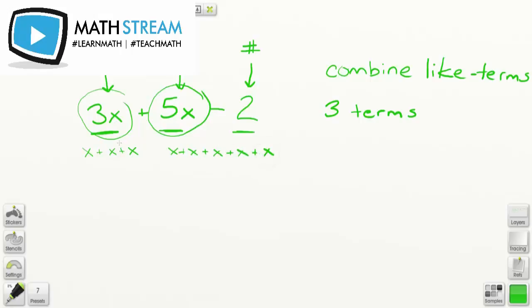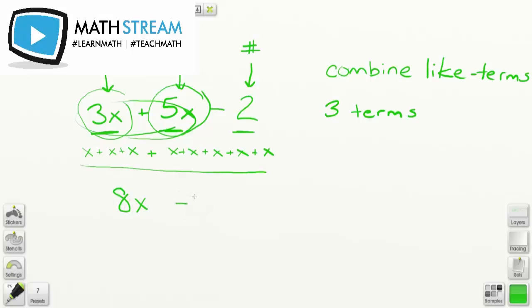So there are 5 x's. 3x is 3 x's, 5x is 5 x's. Because these are like terms, we can simplify this and call this just 8 x's. So why call it 3x plus 5x when I can make it simpler by calling it just 8x?